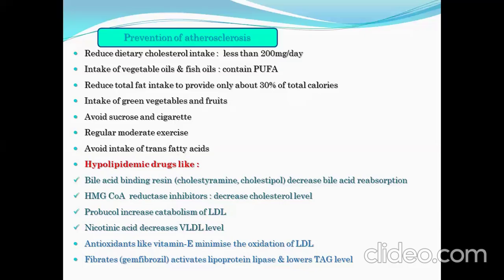So how to maintain your health, your heart in good condition, that depends on you.